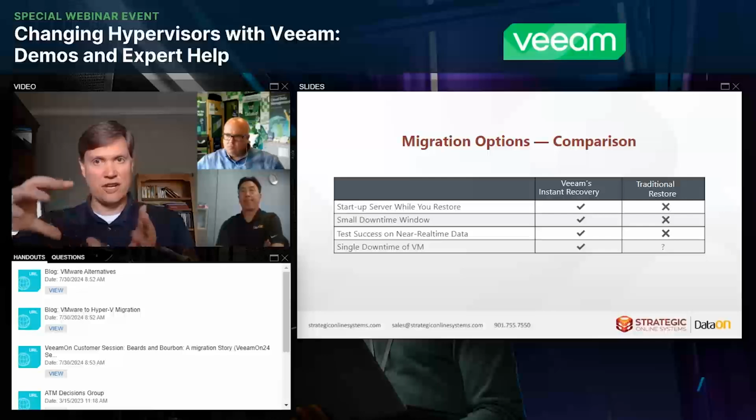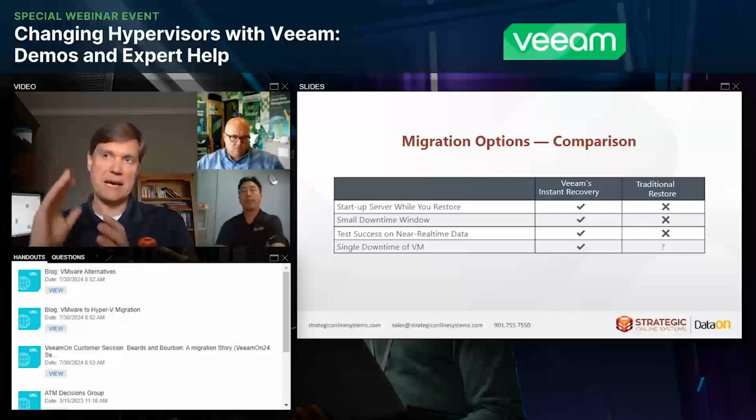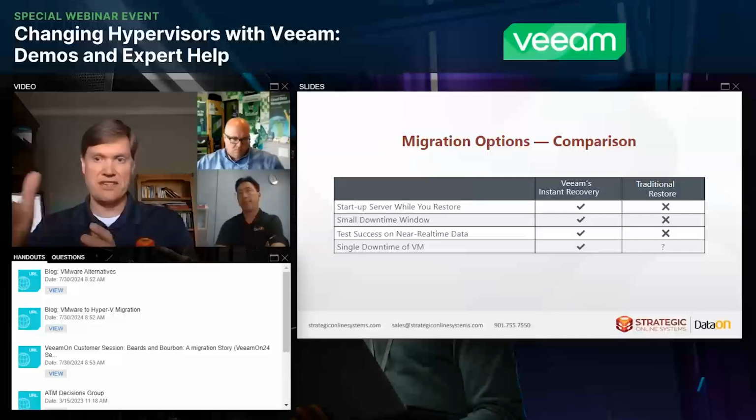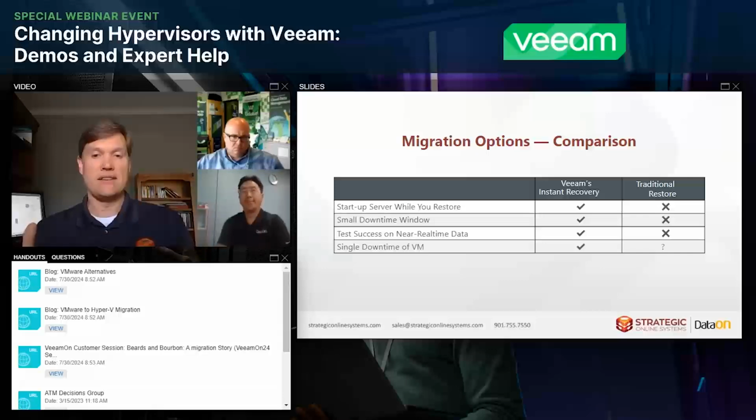Well, it's going to start off slow because it's running from the backup, but the longer it goes, the faster it'll get because it's copying the data into the new Azure Stack HCI platform. Until you come in the morning, it's totally migrated. We don't have to reboot that VM again.